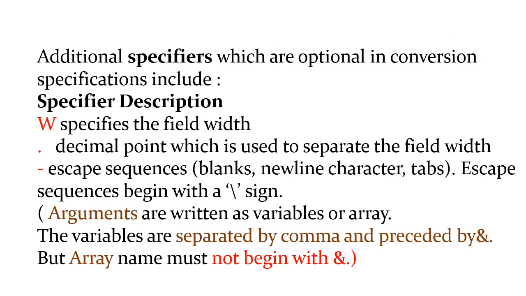Additional specifiers which are optional in a conversion specification include: W, which specifies the field width. If you include W, it specifies the width of the characters. The dot is the decimal point, used to separate the field width, meaning how many digits you want after the decimal. Then the dash, and the escape sequences such as blanks, new line, tabs and so on.